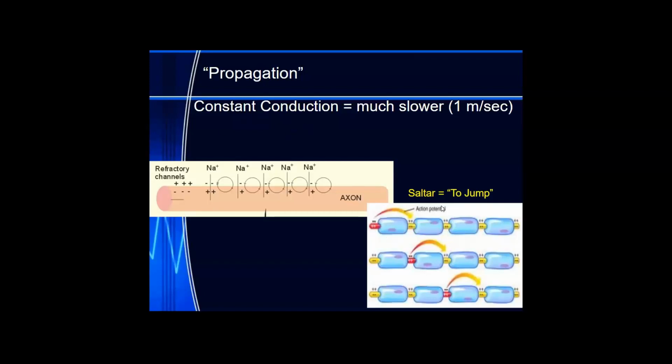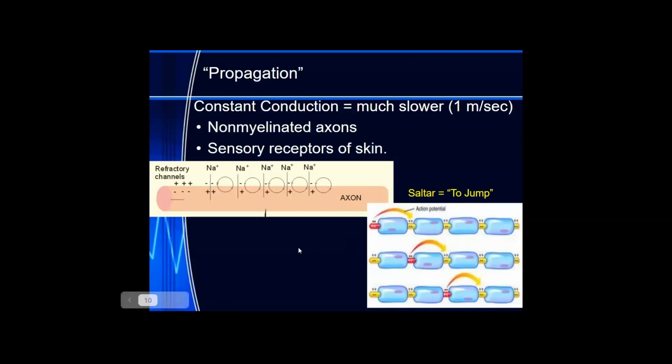And so you only have to have action potentials occurring at these nodes of Ranvier where the axon is showing. Okay. So that makes it go much faster. That's called saltatory conduction, from the word saltar, meaning to jump.